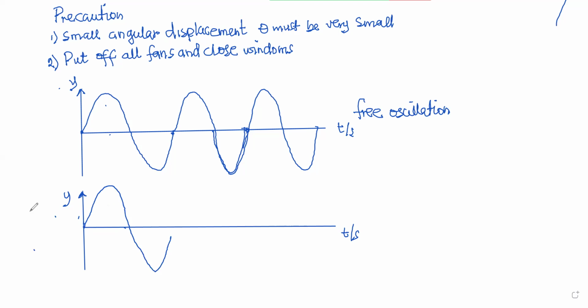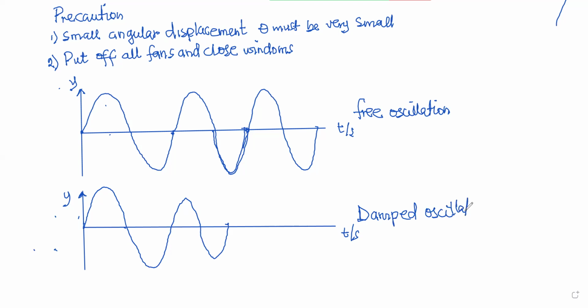One cycle, and then the second cycle, you realize that the amplitude will be dropping. Okay, and this is termed as damped oscillation.